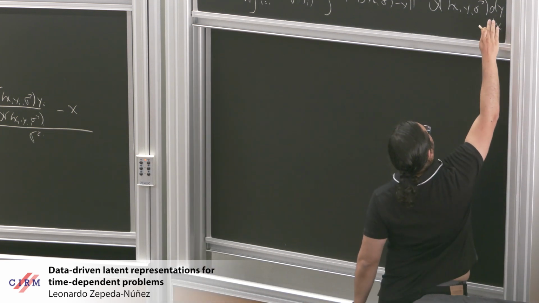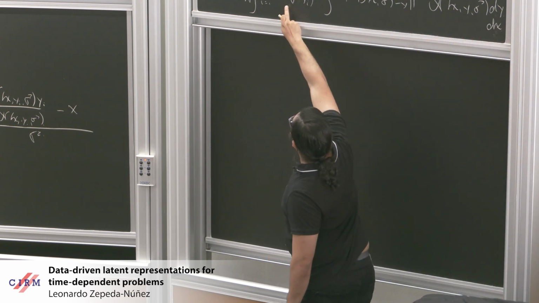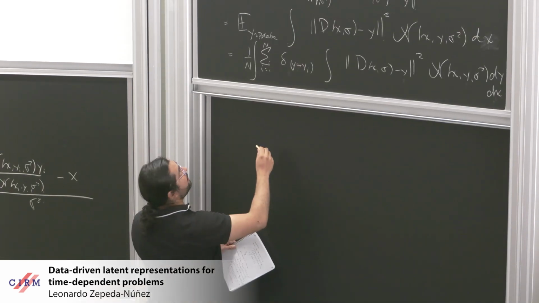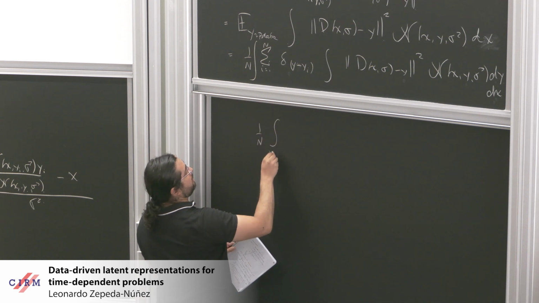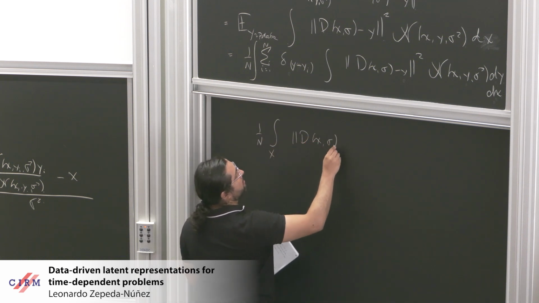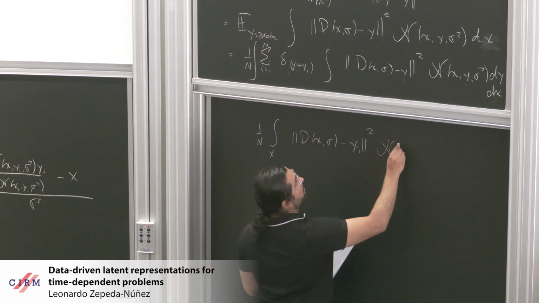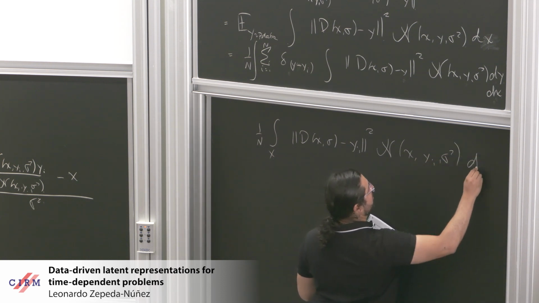You want to do dy dx. And what happens is basically this guy gets into the here and here. And what you will have at the end of the day is basically 1 over n sum, integral in x, of D(x, sigma) minus yi squared normal N(x; yi, sigma square) dx.